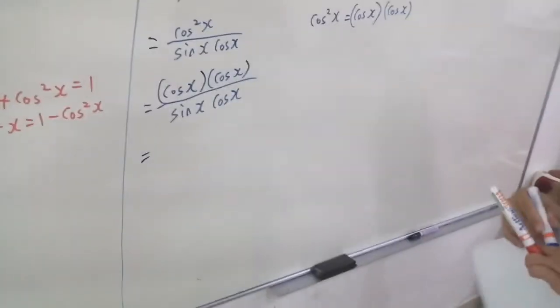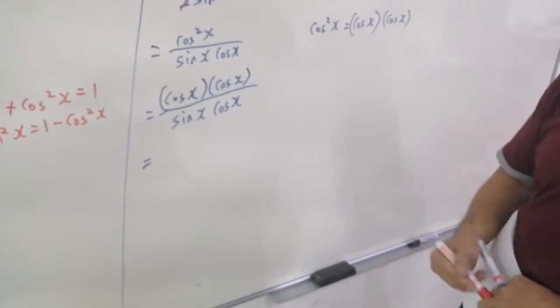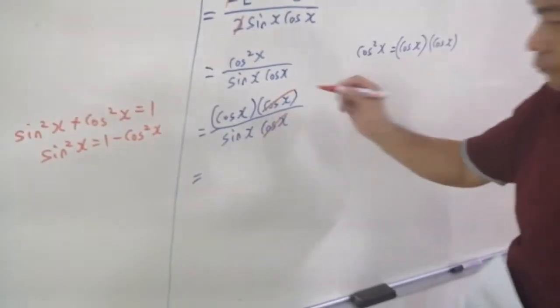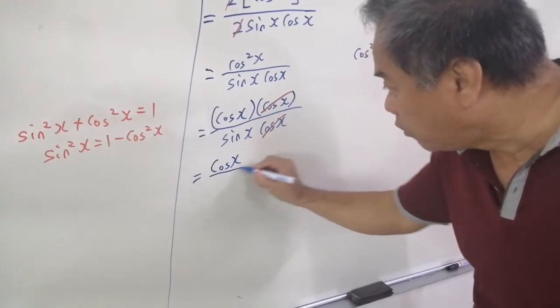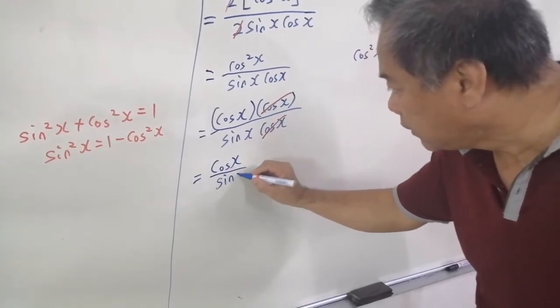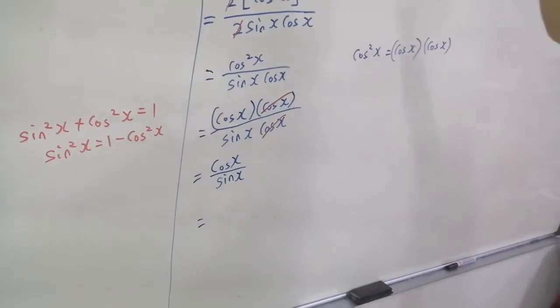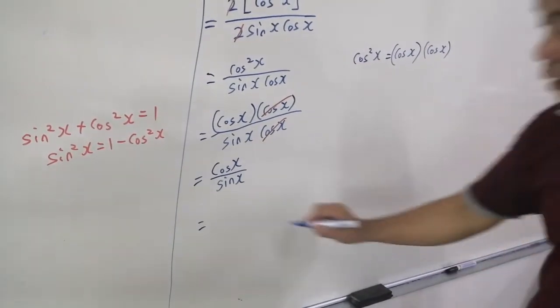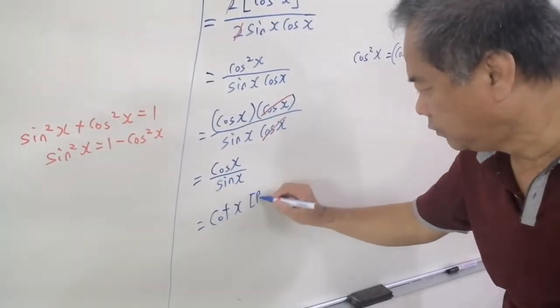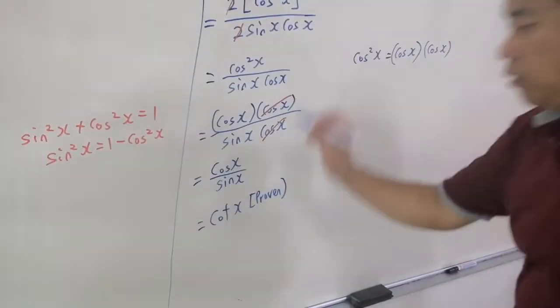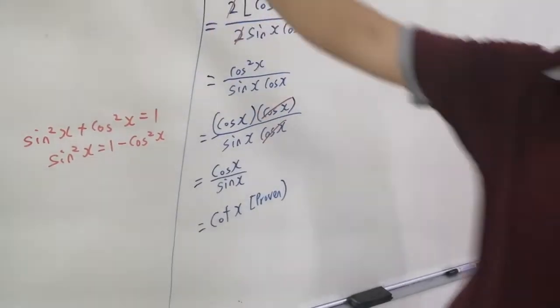Once again, cos x and cos x can cancel out. So the last one will be cos x over sin x. Cos x over sin x is actually equal to cotangent x. Proven. So I have solved the first part.